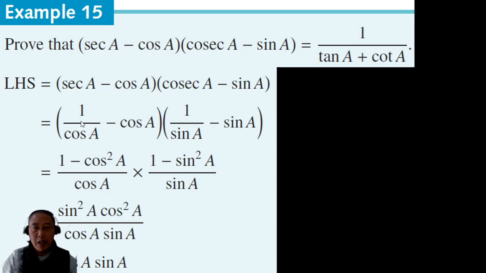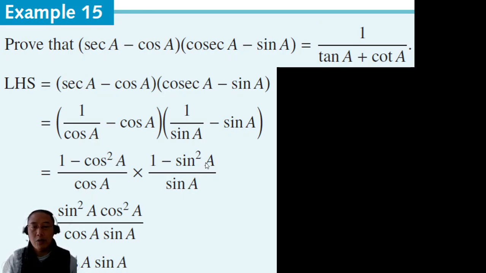And for each bracket, it's a combination of fractions. You need to combine them as one equivalent fraction, or one fraction with a common denominator. So that left bracket will have cos of A, the right bracket will have sine of A, and you have those two new numerators for the respective fractions.